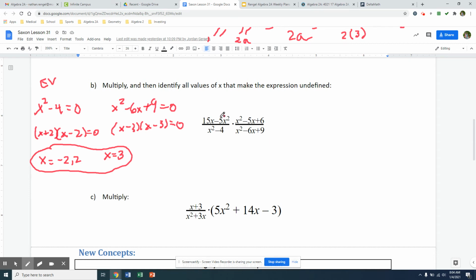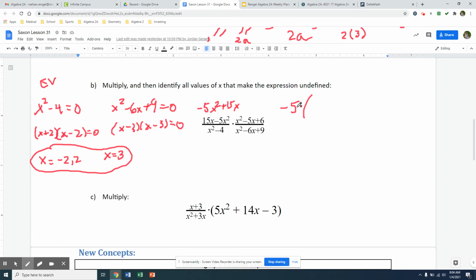So I look at 15x minus 5x squared. One thing that we will do is factor using GCFs. Now I have an x squared here. I want to make sure that the highest degree term goes first. So I'm thinking of this as negative 5x squared plus 15x. So I'm going to factor out a negative 5.